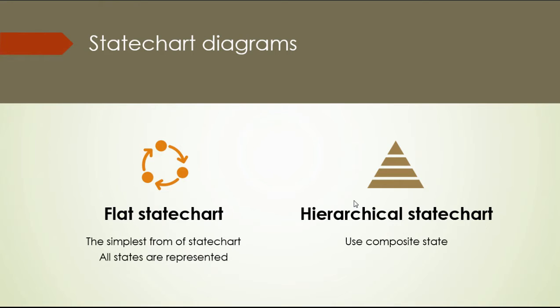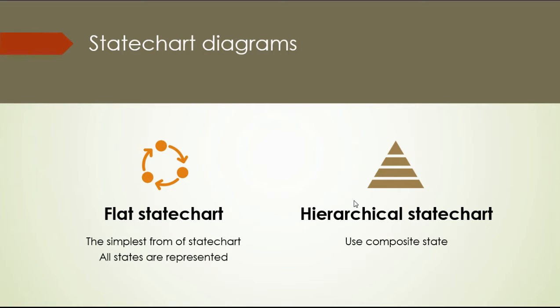So we have two types: the flat state chart, which is the simplest form of the state charts. In these state charts, all the states are represented. There is no hiding state, no combining state, no composite state. The second type is the hierarchical state chart.